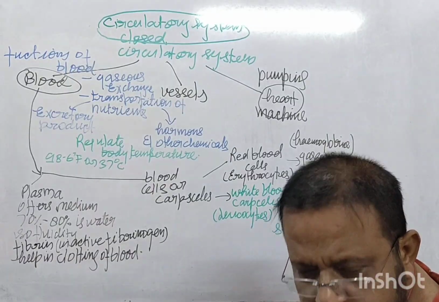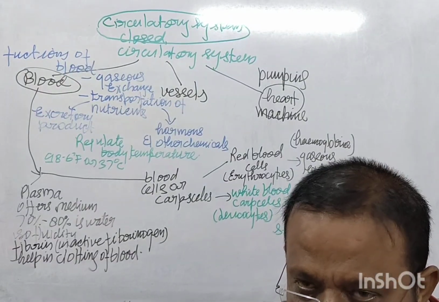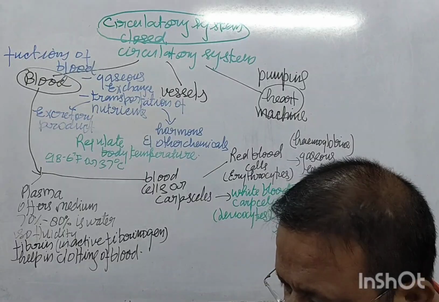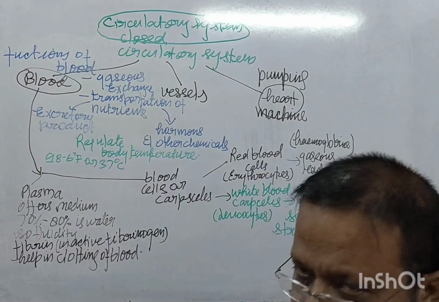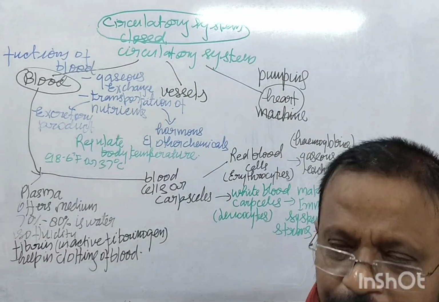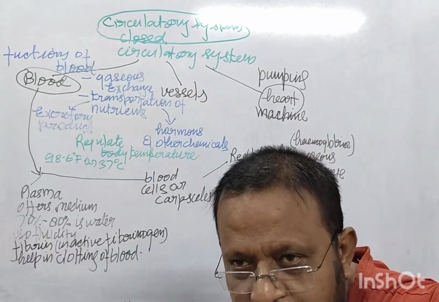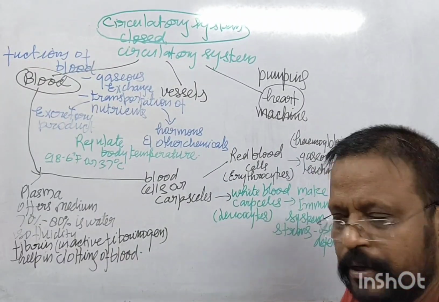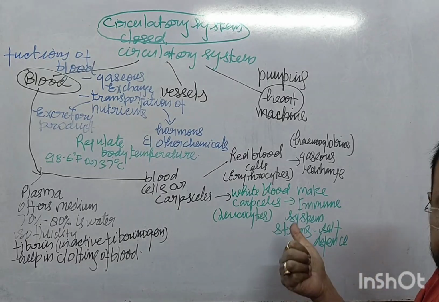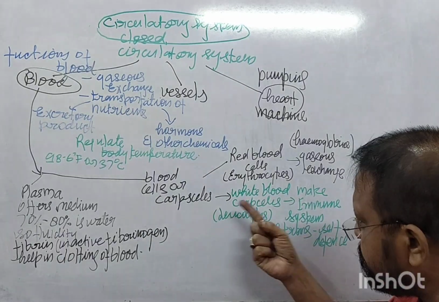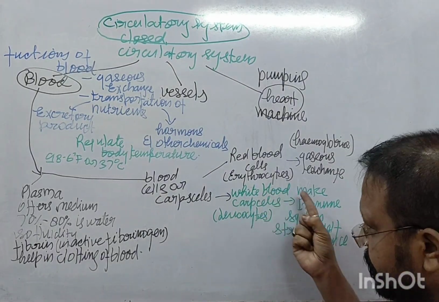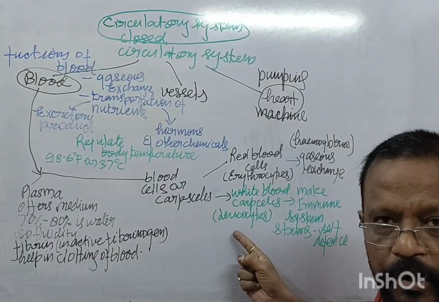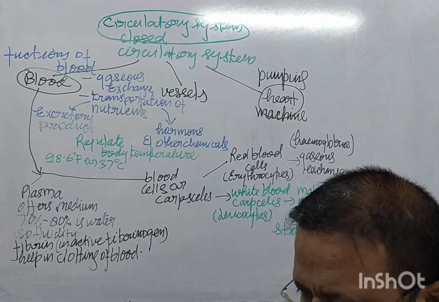With their help, they make clotting, so that the injury gets healed up. Not permanently, that takes time, but immediate loss of blood can be controlled. So we have a defense mechanism, and this is done by white blood cells or leukocytes, right?